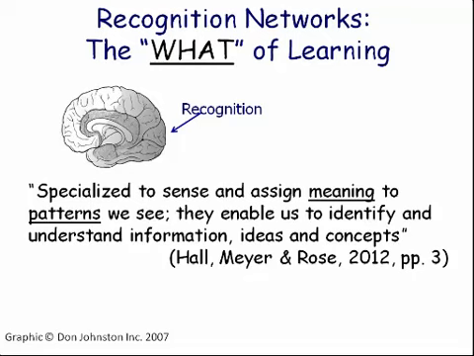So the recognition network is really the what of learning. It's specialized to sense and assign meaning to patterns that we see. They enable us to identify and understand information, ideas, and concepts. So it's about that what piece of learning. What are we learning? What are we recognizing? How can we assign meaning to something else that we already know about?